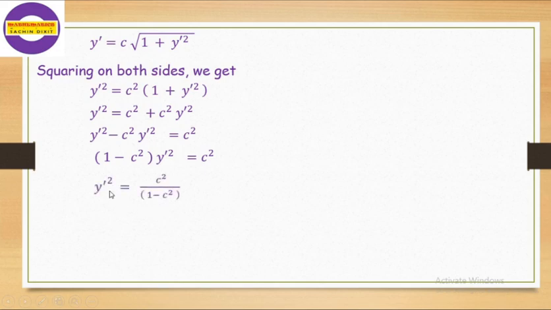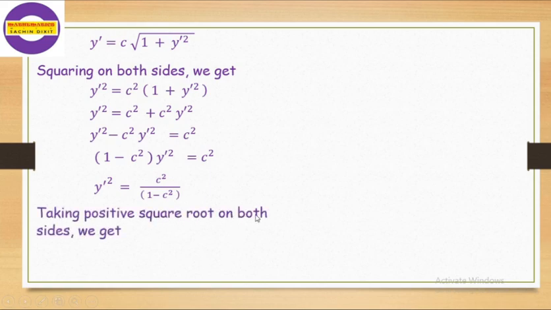That is, y'^2 equals c^2 divided by 1 minus c^2. Taking the positive square root on both sides of this expression, the square root of y'^2 gives y', the square root of c^2 gives c, and the square root of the denominator, 1 minus c^2, is the square root of 1 minus c^2.